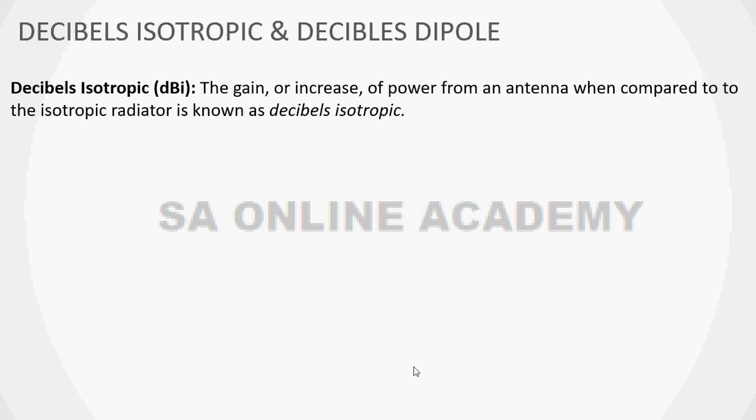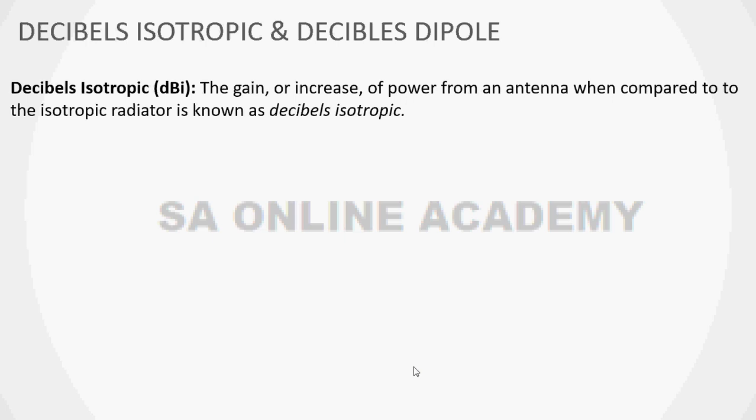The isotropic radiator is a reference, which is often referred to as zero, or I would say a baseline. When you measure the gain or power of an antenna compared to that isotropic radiator, it is called decibels isotropic.